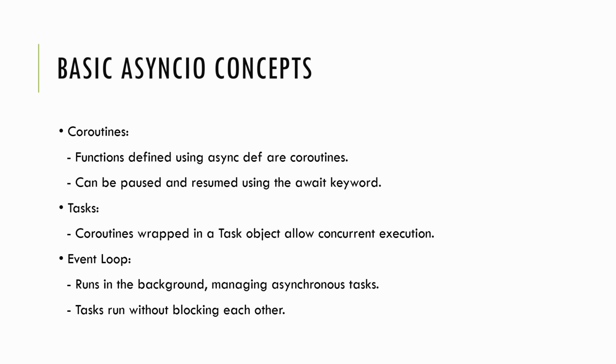A task is essentially a coroutine that has been wrapped in a way that allows it to run concurrently with other tasks. Finally, the event loop. The event loop runs in the background and schedules these tasks. It allows one task to execute while another is waiting for something, like an IO operation, to finish.